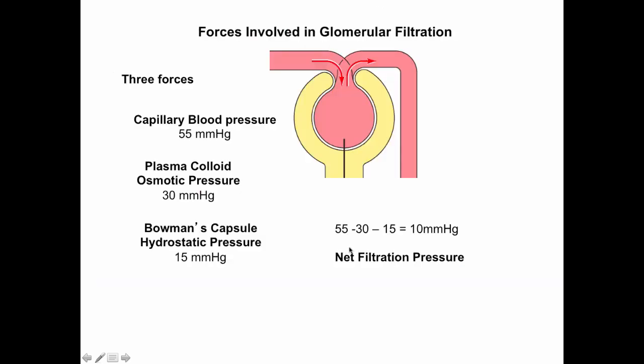The forces involved in glomerular filtration are all passive forces. We don't exert any energy in the process of glomerular filtration. These are some of the same forces we studied when we looked at capillary bulk flow, the Starling forces, which include capillary blood pressure, plasma colloid osmotic or oncotic pressure, and the hydrostatic pressure in Bowman's capsule.